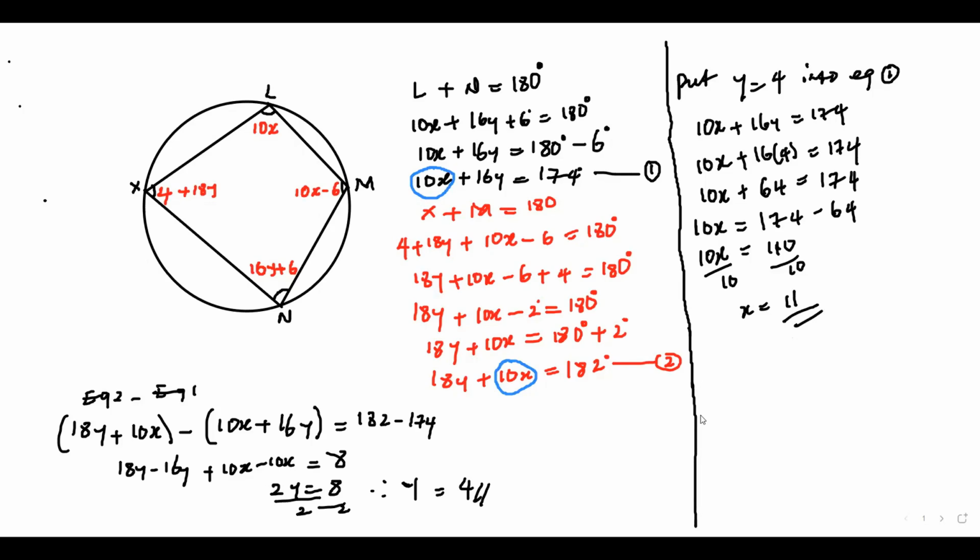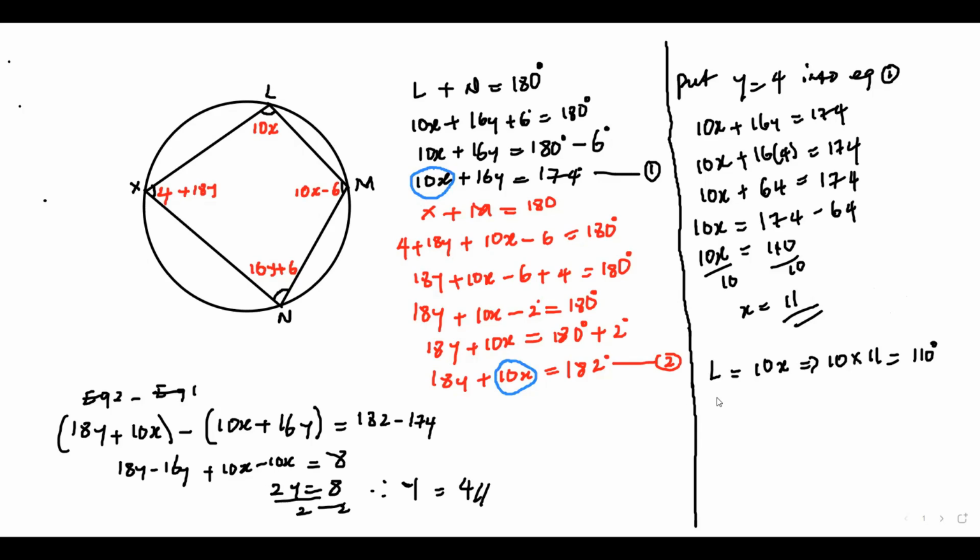All right. So the question now is, what is actually the value of the angle L? For the angle L, which was 10x, this now implies we have 10 times 11, which is 110 degrees.